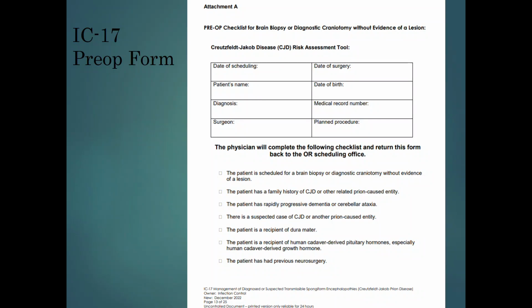Attachment A is the pre-op checklist that is filled out before the case if we have any concern for CJD. It is completed for a concerning patient with symptoms and the indication for a biopsy to be completed. Please review these forms attached to the policy.